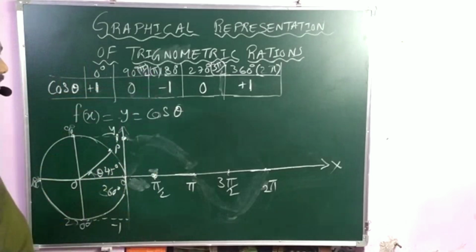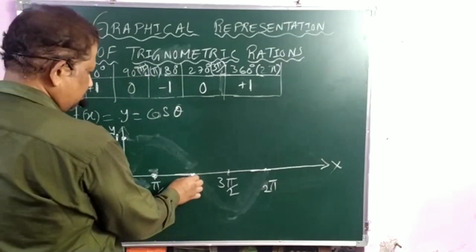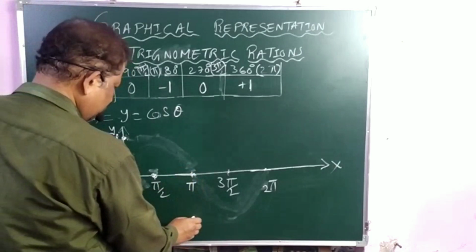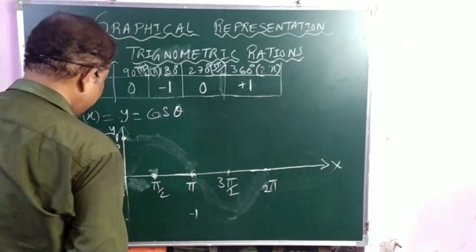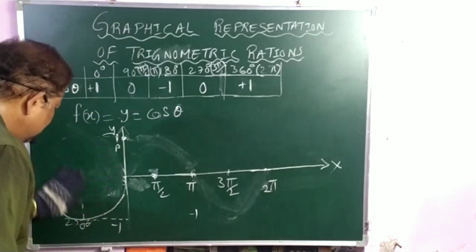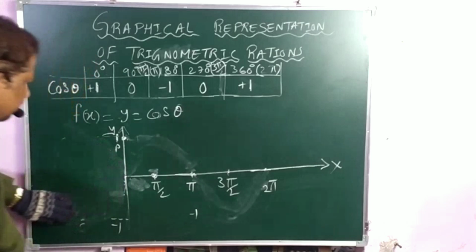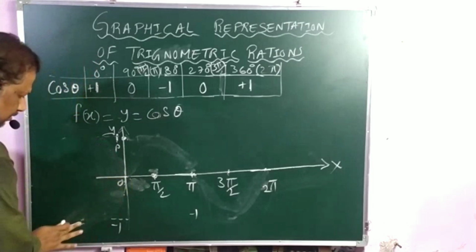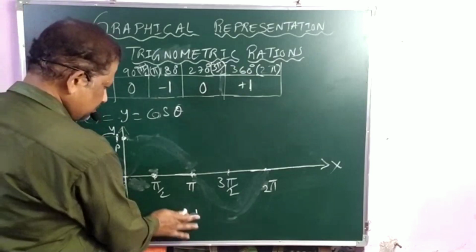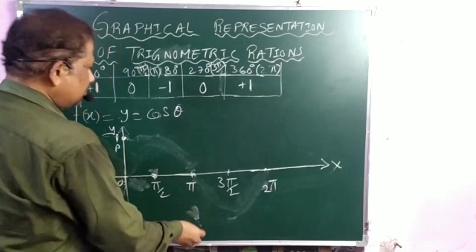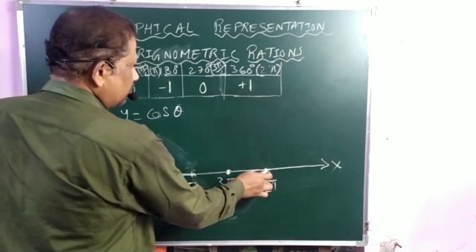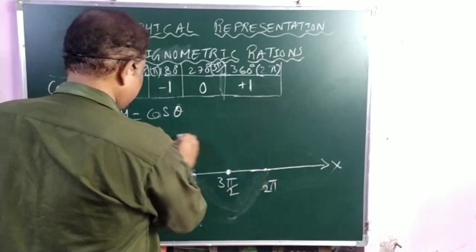Next, cos 180 degrees is minus 1. Next, 270 degrees is 0, and 2 pi is plus 1.